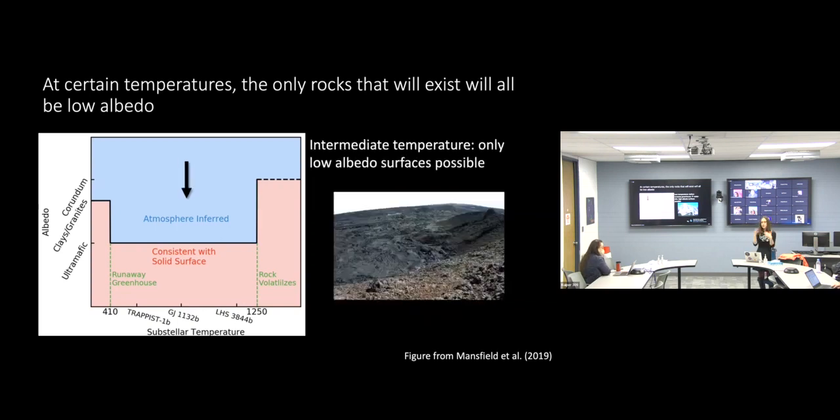If we go hotter than the runaway greenhouse limit, which in this paper we conservatively set at a substellar temperature of 410 Kelvin, then the only surfaces that we expect to exist are all very low albedo. So in this case, if we observe a cold secondary eclipse temperature, we can definitely say that it has to be due to an atmosphere.